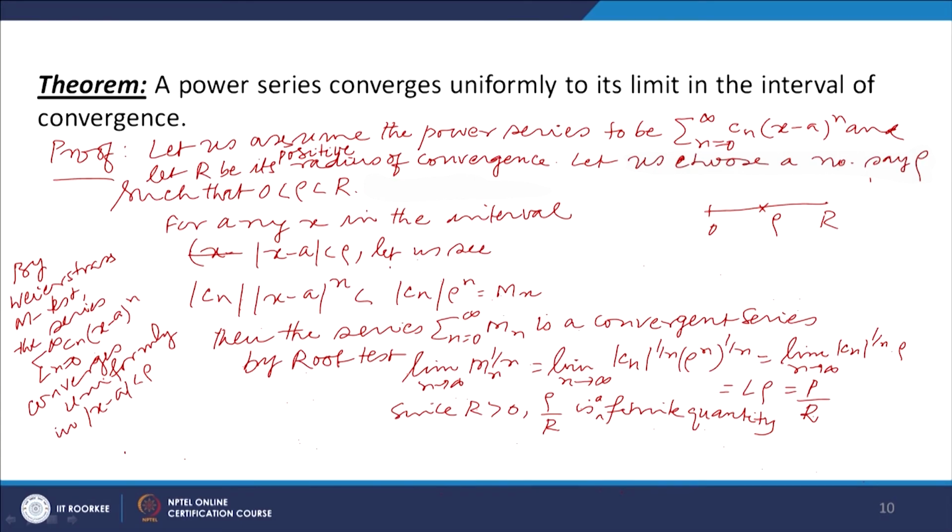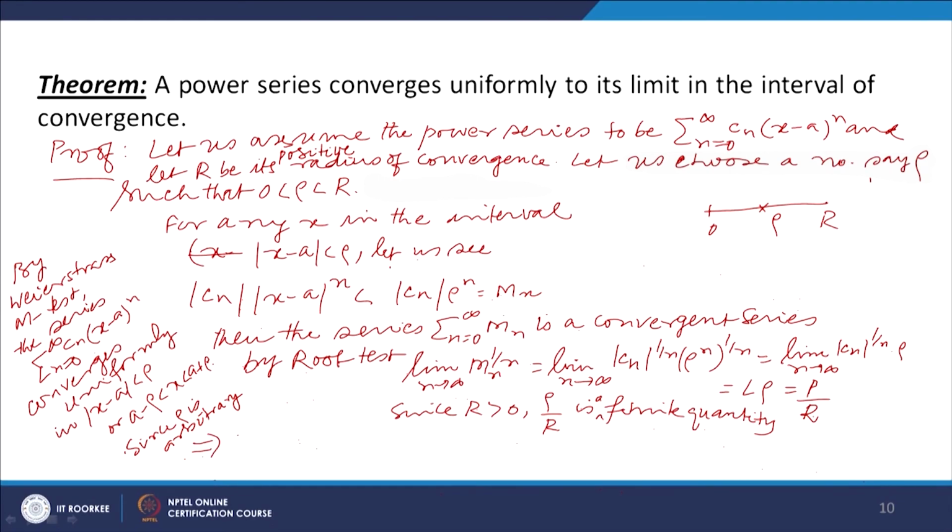That means a minus rho less than x less than a plus rho. Now, since rho is arbitrary, rho is any number which is greater than 0 but less than r, we can go as close to r as possible.